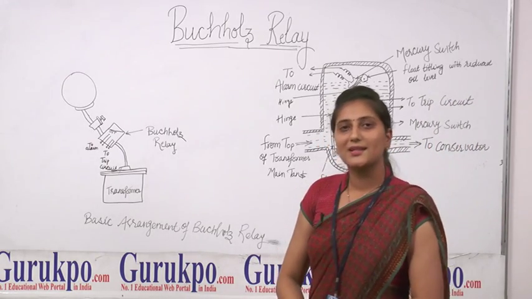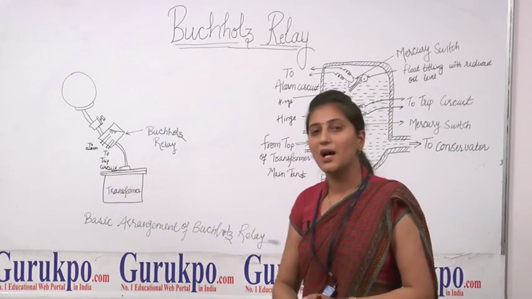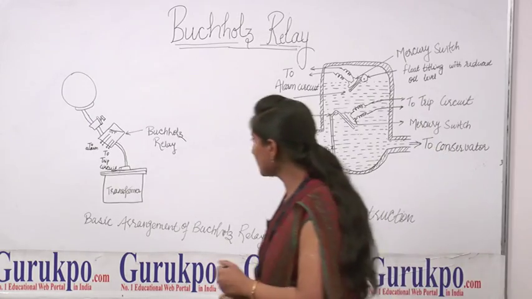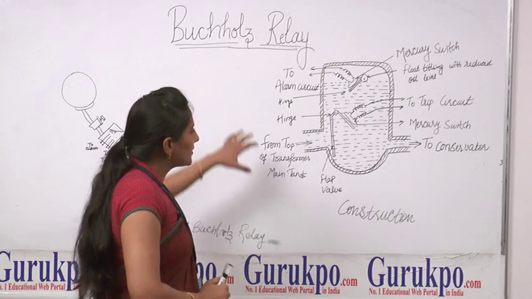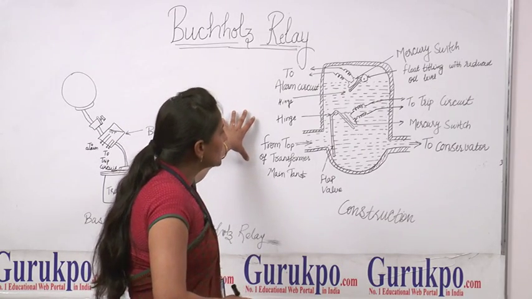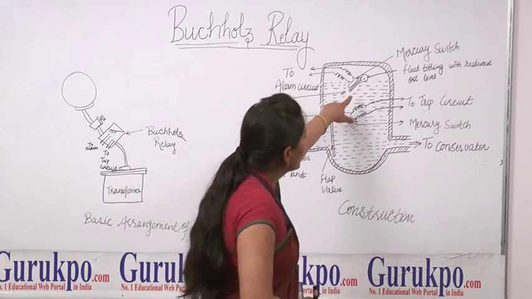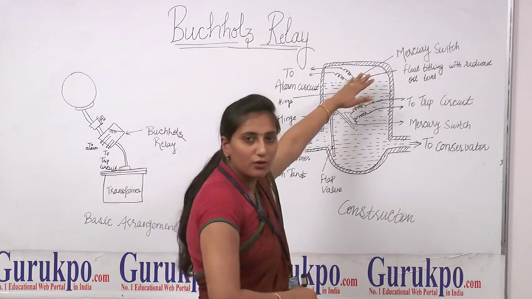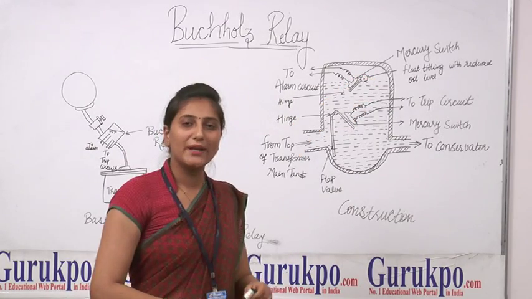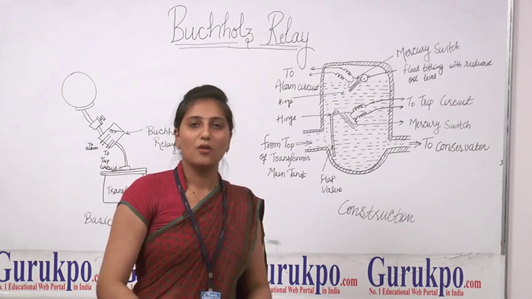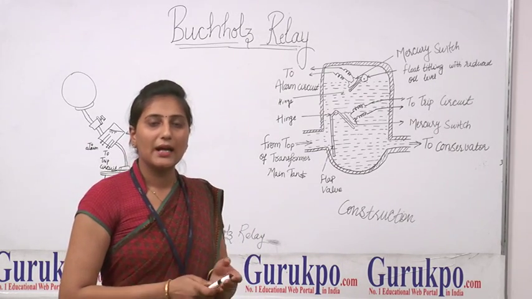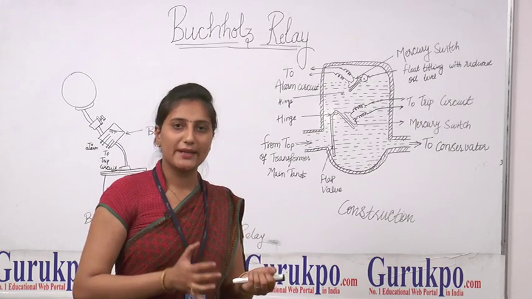Now let us discuss how it works. We can see the hinged hollow float is in the upper part of the chamber. When there is a fault in the transformer, the oil will get overheated due to the fault and it will decompose into gases.